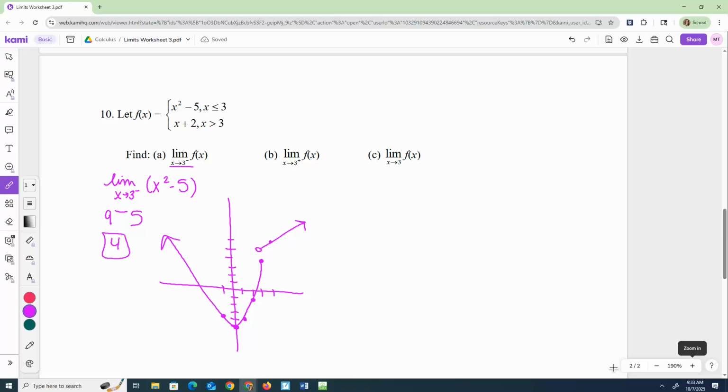So if I'm coming in from the right, if you didn't draw the graph, you could have said, okay, I'm plugging in things bigger than 3, so that means I'm on the second piece. So I get 3 plus 2, which is 5. Is that what happened on my graph? Overall limit. What happens? Does not exist. What kind of discontinuity is that? Jump. Good. All right.